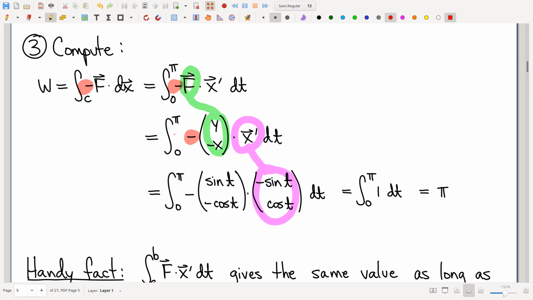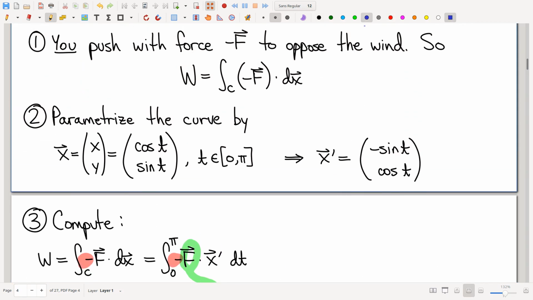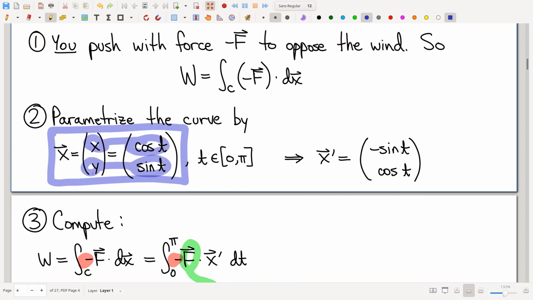And now the one part that students very often get confused about, and that is, what am I going to do with the x and the y that are right here? And let me just remind you again, the change of variables function, or in this case, the parameterization, explicitly tells you what x and y are. Using this pullback, x is cosine t, y is sine t.